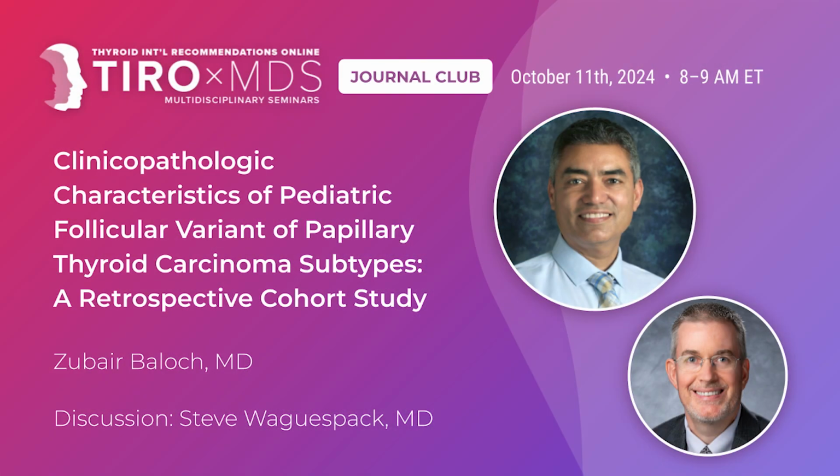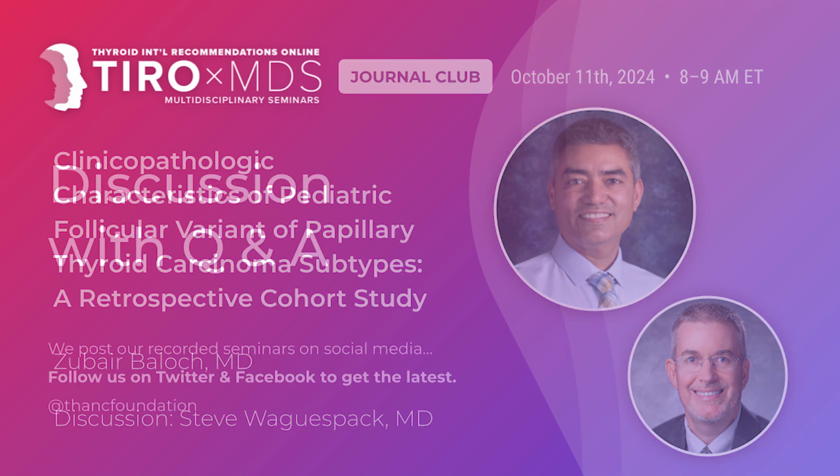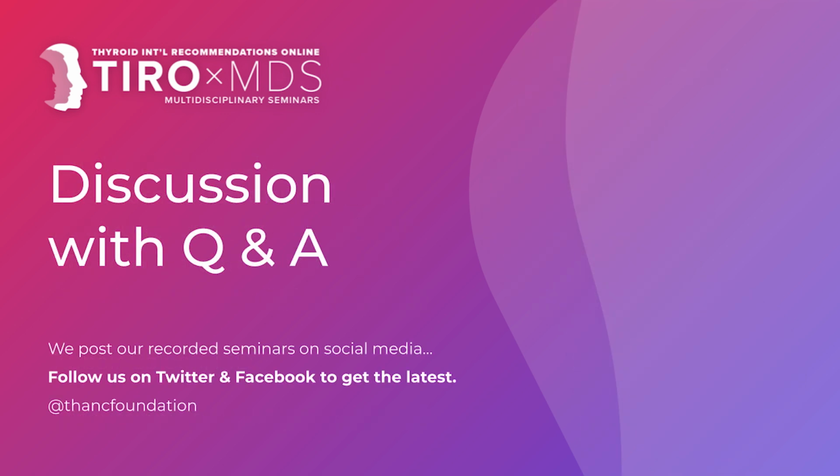I think the controversy that still exists, and I think we have crossed a little bit over, is should we be calling those tumors which have invasion into the capsule only, some of them now called well-differentiated tumors of uncertain malignant potential? That is another nomenclature.